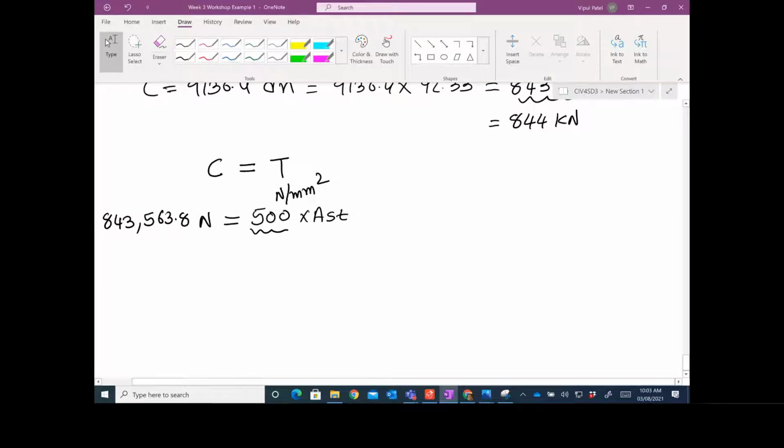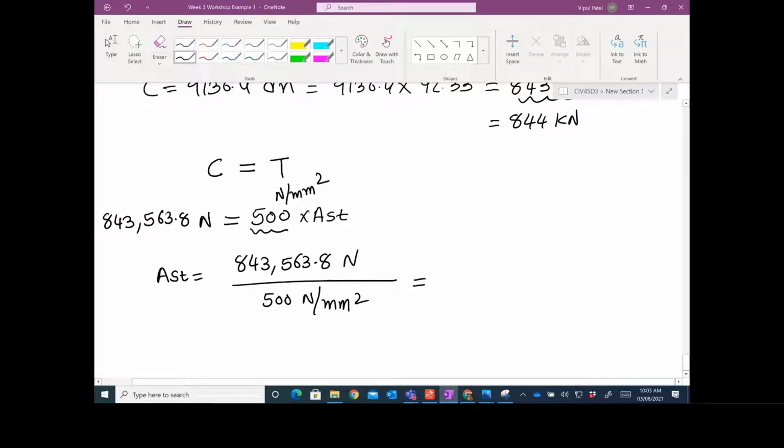Now if I want to find the area, AST equals 843,563.8 newtons over 500 newtons per millimeter squared. In that case, you will get an AST of 1687 millimeter squared. What does AST mean?